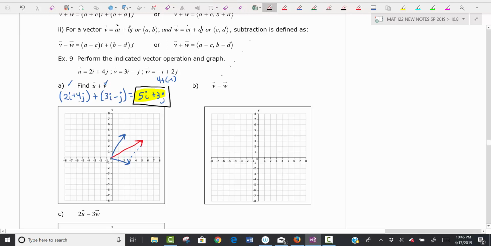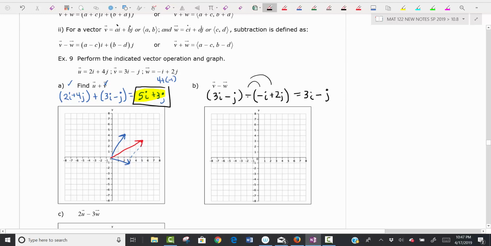All right, the next one. We have vector v is 3i minus j. That's given here. And then we're going to subtract vector w, which is negative i plus 2j. What I'll do is write this out. It's just like what you're used to doing in algebra when you are subtracting a quantity.